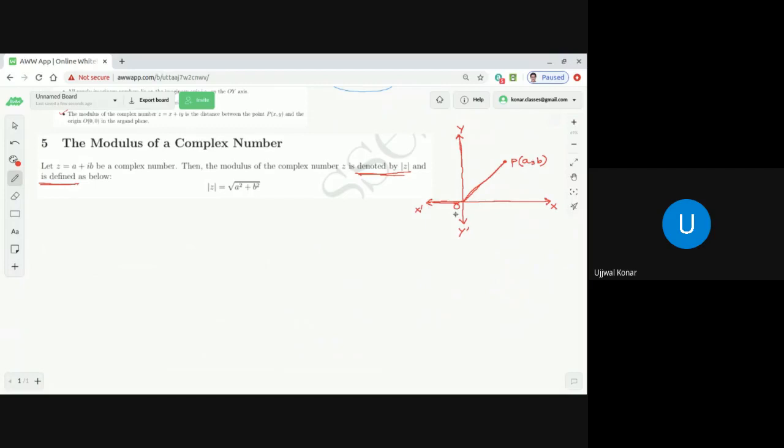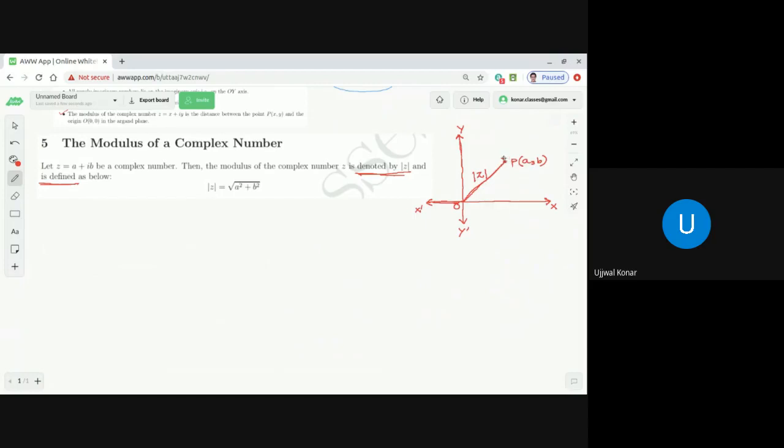Now, as we just learned, with the same modulus, that is with this mod z, we can have many complex numbers lying on a circle of radius mod z, and we have drawn the circle keeping the origin as the center.